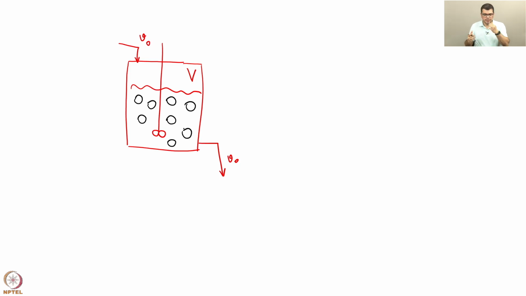So at a given moment in time, all individuals in this chemostat are of this black genotype. So this is one particular genotype. Let's call it B type individuals.